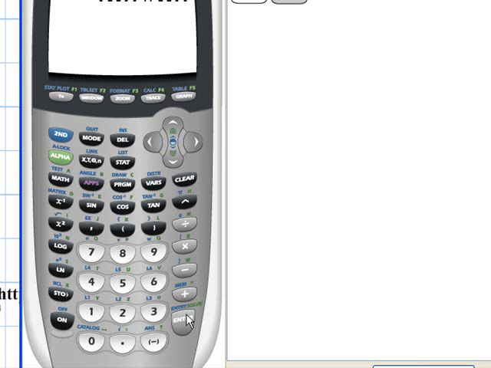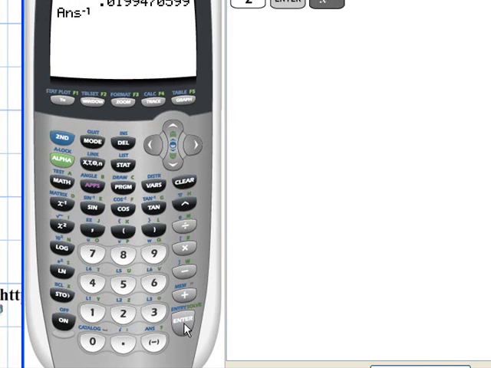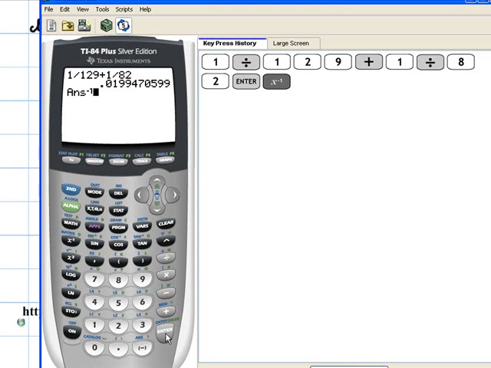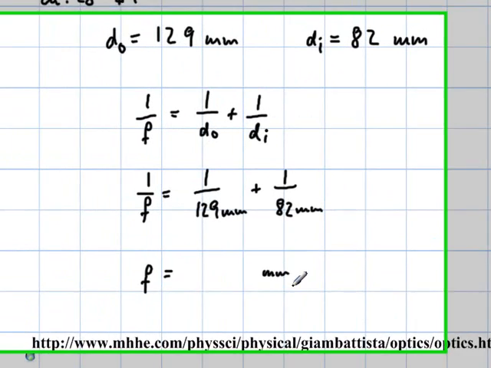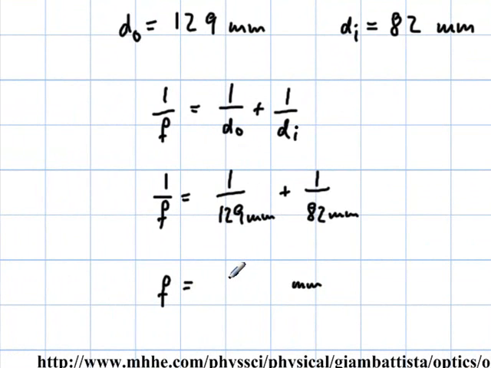There is no such length, so I have to invert it once again. Most calculators have this nice inverse button, or if they don't, then just divide 1 by 0.0199, and I come up with 50.1 millimeters. It looks like we have two significant figures, so round it to 50 millimeters of focal length.